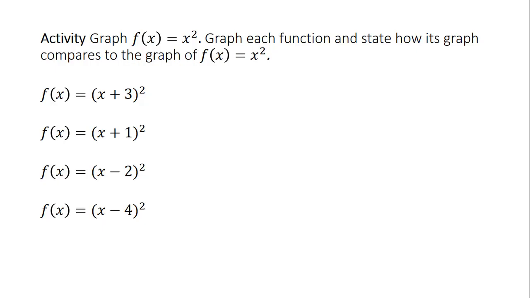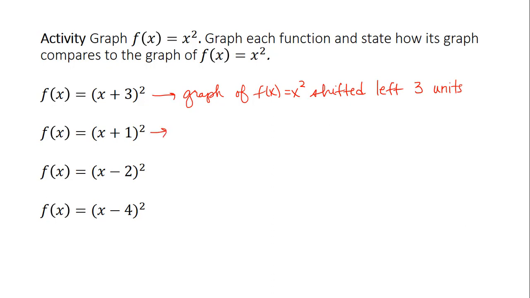So to recap, the graph of y equals x plus 3 quantity squared is a graph of f of x equals x squared shifted left 3 units. The graph of y equals x plus 1 quantity squared is a graph of f of x equals x squared shifted left 1 unit.